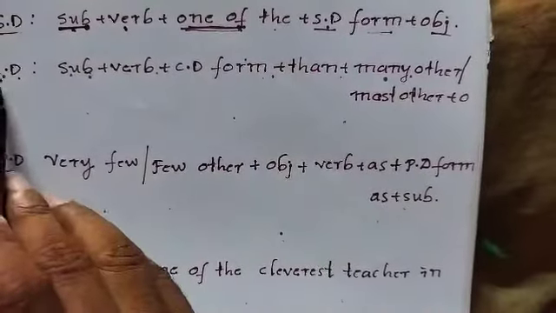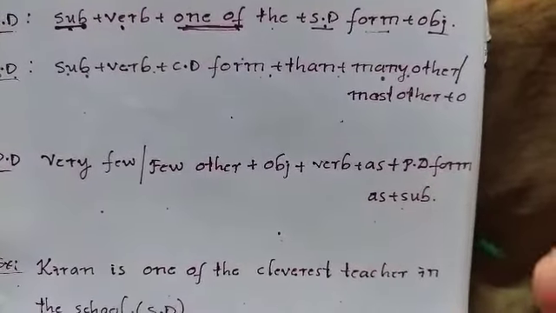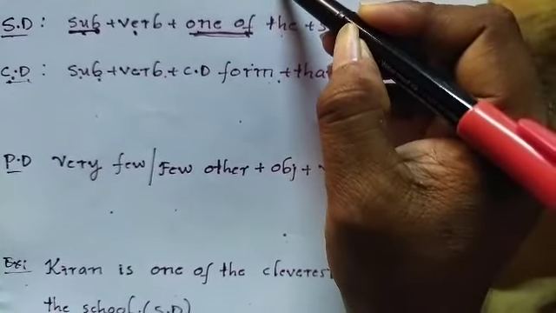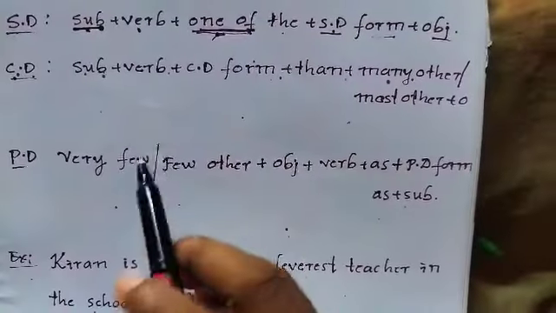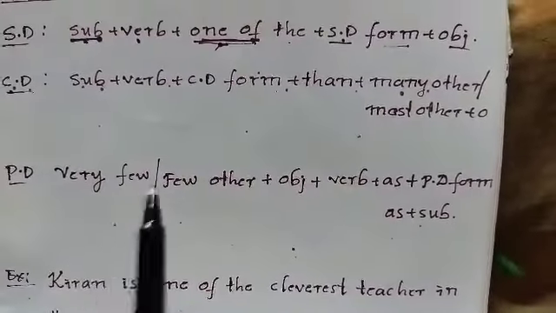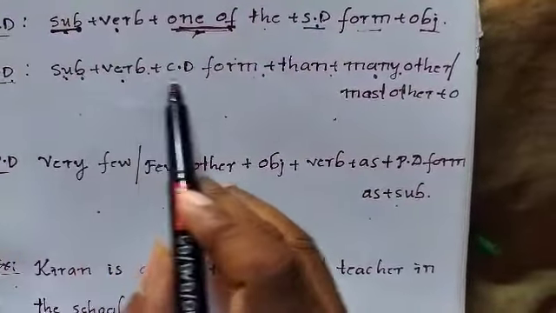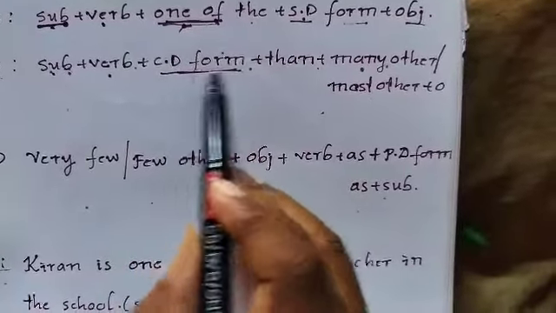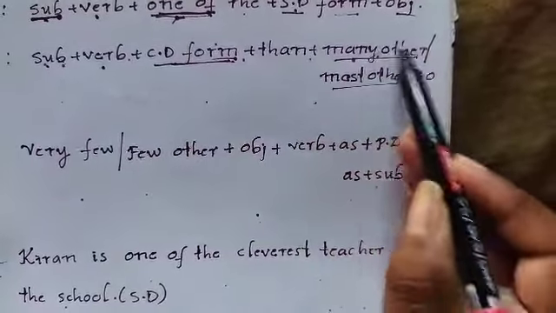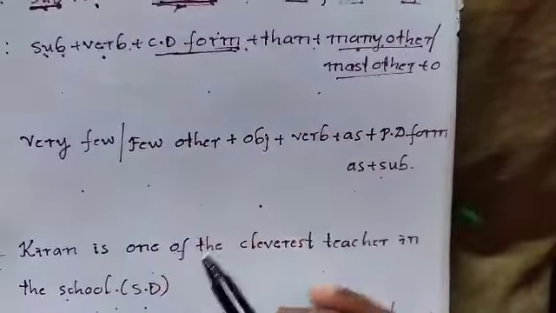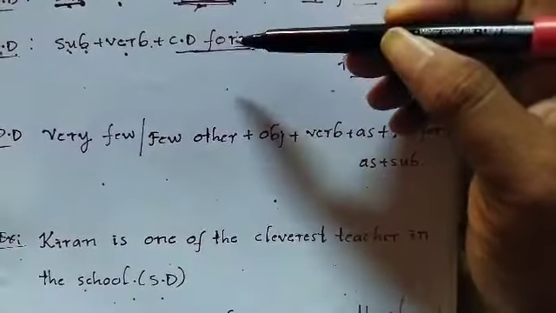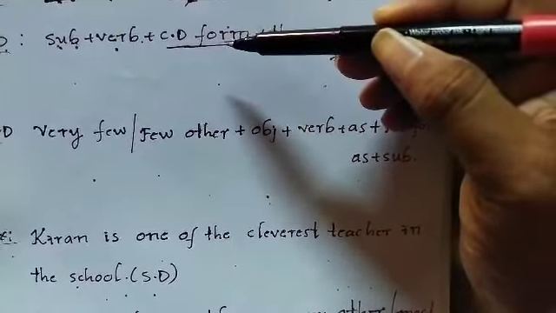Next, comparative degree. Just remember Model 3. Out of many clever students, we are saying about one clever student, so we have to use one of. It is a keyword, just remember that. Next, the comparative degree structure is subject, verb, comparative degree form, cleverer than, and then many other or most other, anyone we have to use, plus the object. From superlative degree to comparative degree, we are changing some sentences.